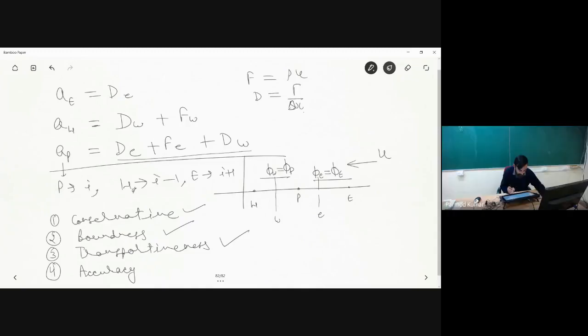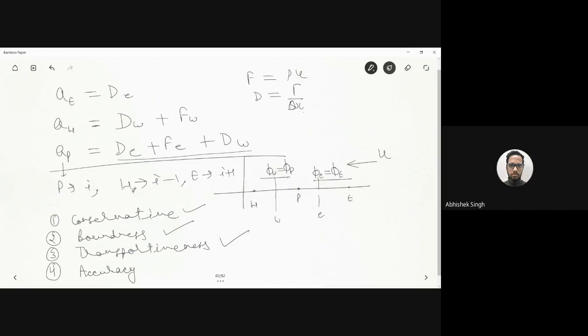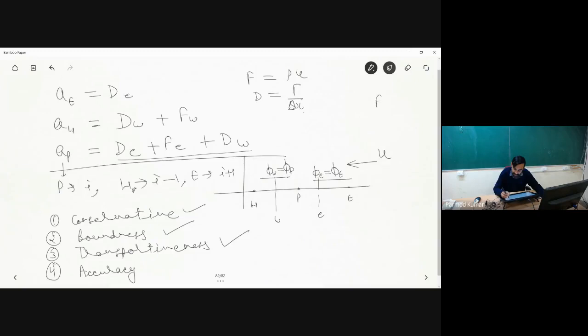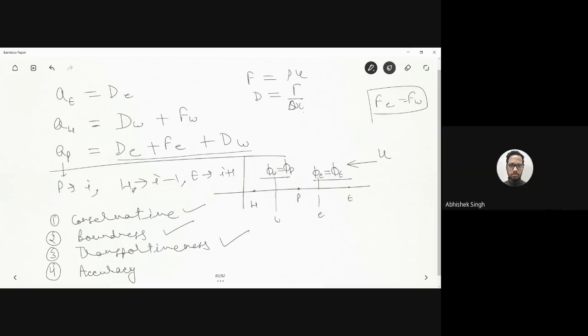Sir, that will depend on the relative values of FE and FW. FE and FW will be same from your continuity equation. Okay, sir. But then still we will have to have one point at which the ratio should be less than 1.